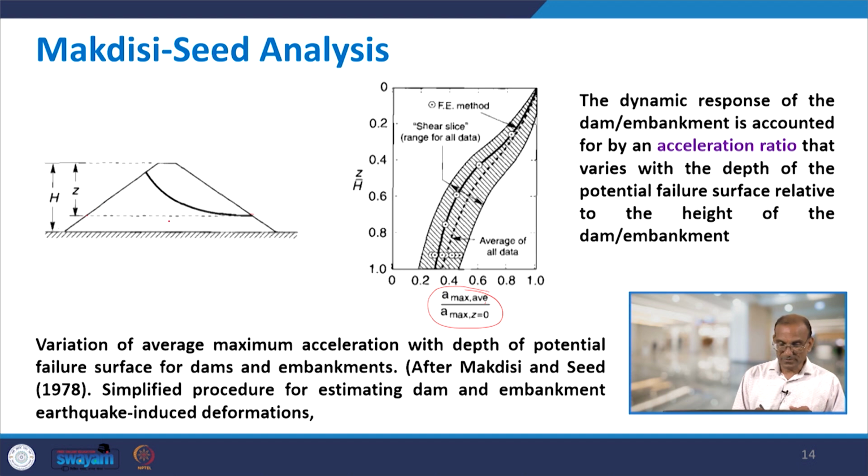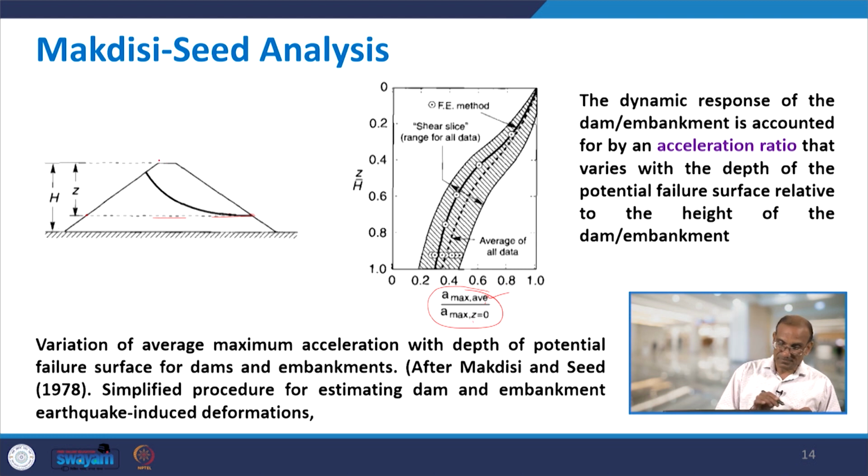Now, because this is not constant, rather it will vary along this line, we find the average value of the maximum acceleration along this line. So, this is Amax average at some depth z. What is Amax at z equal to 0?